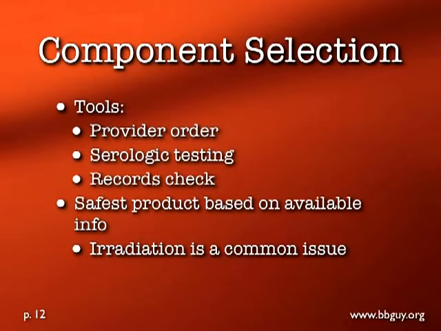If they have an order to irradiate a product, I will generally honor that, even if they don't ask for it, until such time as they tell me to stop honoring it. TA-GVHD is a horrible thing to diagnose, and I would rather do the irradiation even if it's not specified on the order. Each individual facility can handle that whatever way they want to, but that's how I handle it.